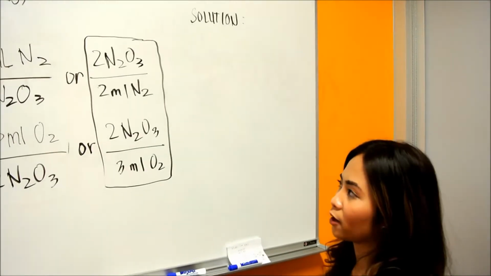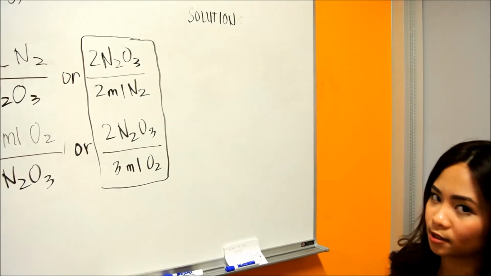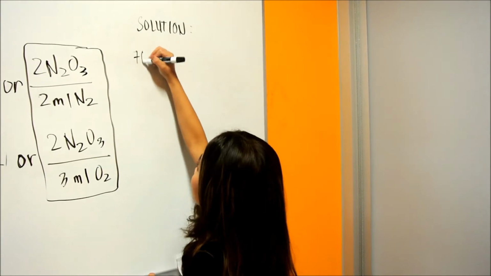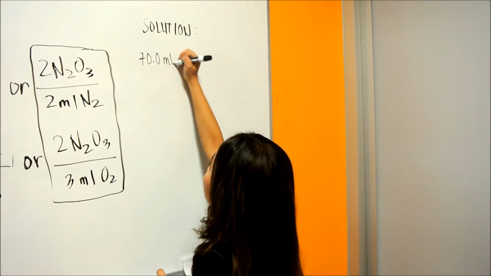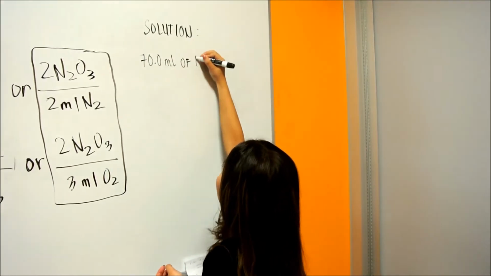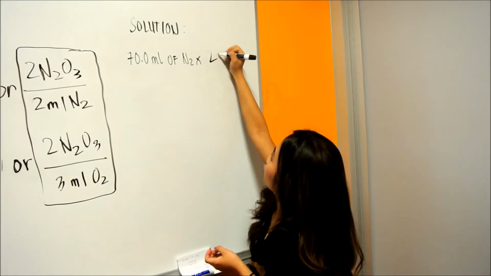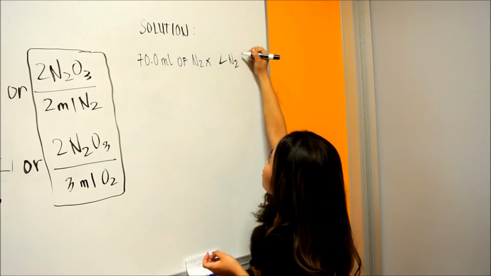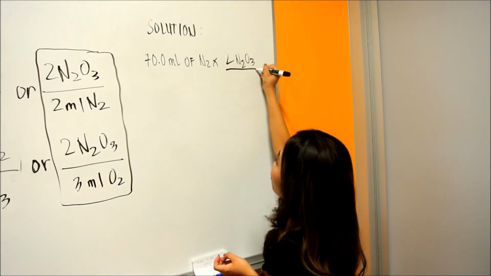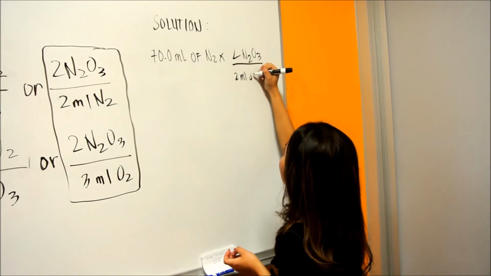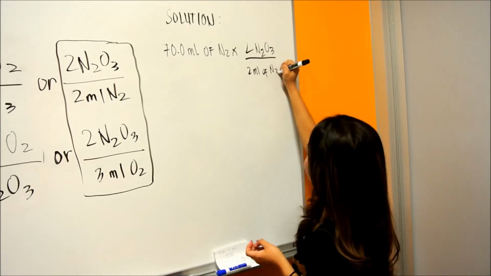First, we find the amount of product produced by the first reactant, which is the nitrogen. So we have 70.0 ml of nitrogen times 2 dinitrogen trioxide over 2 ml of nitrogen.